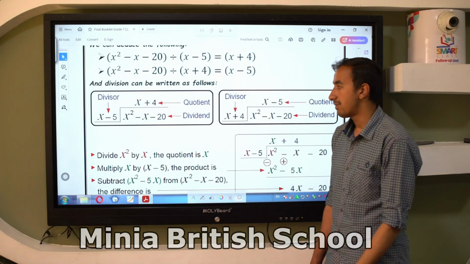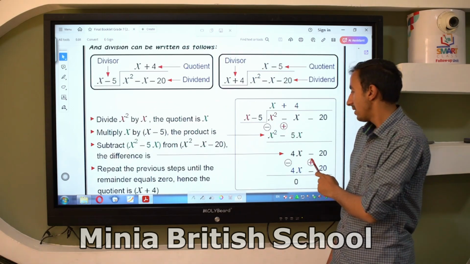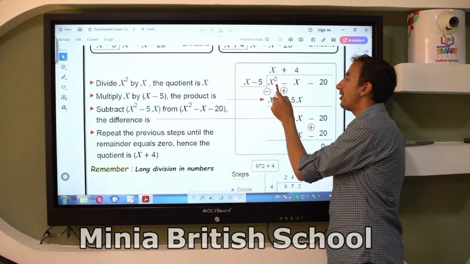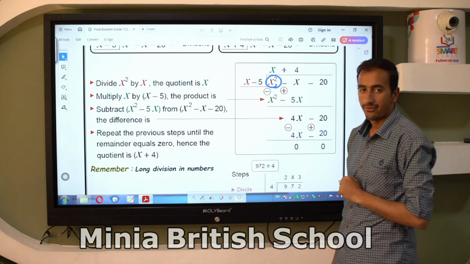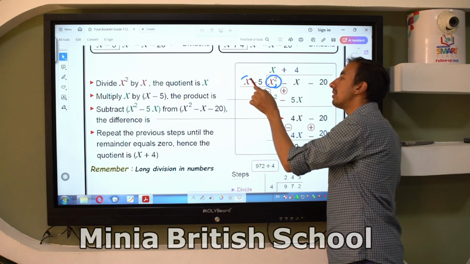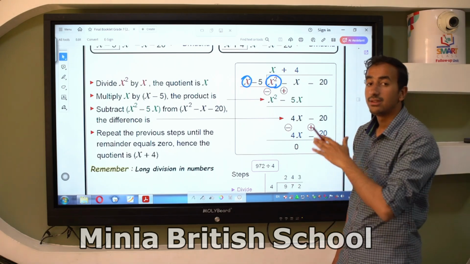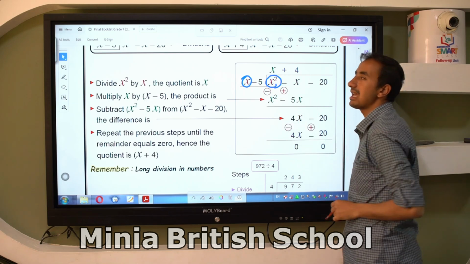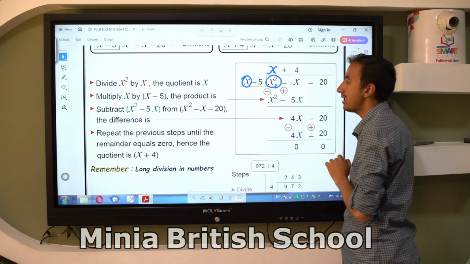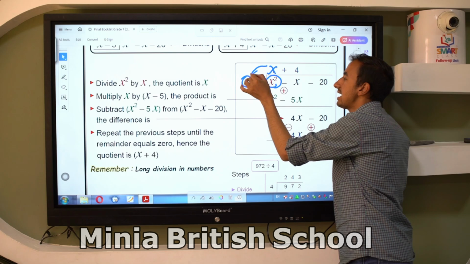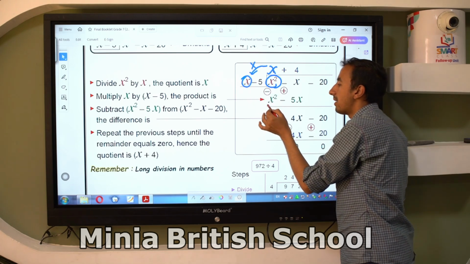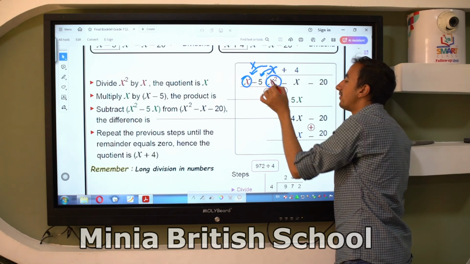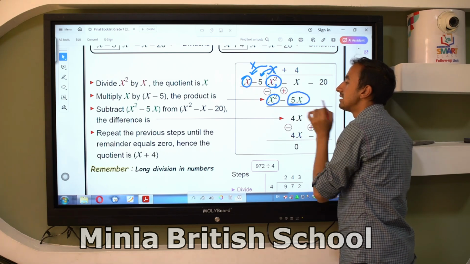If we have x power 2 minus x minus 20 divided by x minus 5, take the first term from the left of the dividend divided by the first term of the divisor. x power 2 divided by x, I can write x. Okay, x times x equals x power 2. x times negative 5, negative 5x.